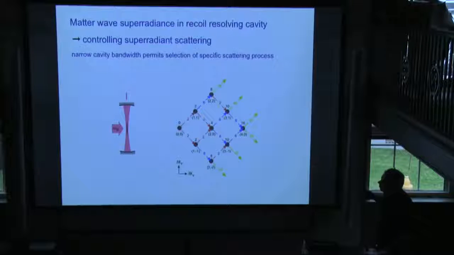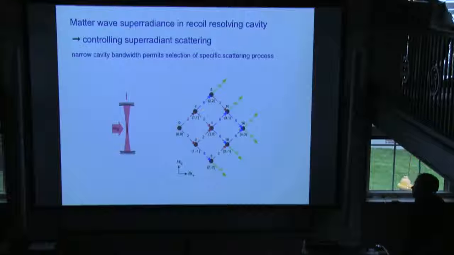Now, one important point is that these different scattering processes, going from here to here or from here to here, take different amounts of energy to be transferred to the atoms. And as I told you, our cavity is recoil resolved, so it makes a difference whether the energy transfer needed is 2 E recoil or 6 E recoil.